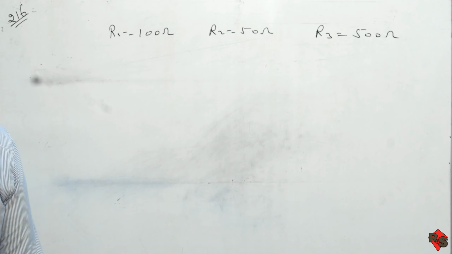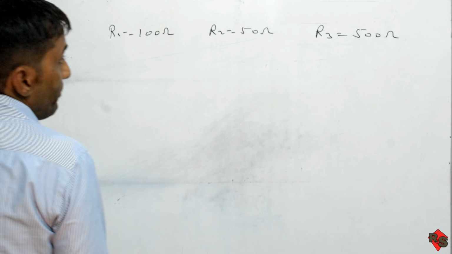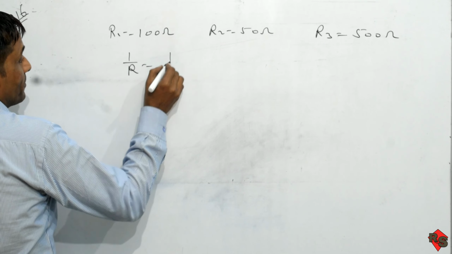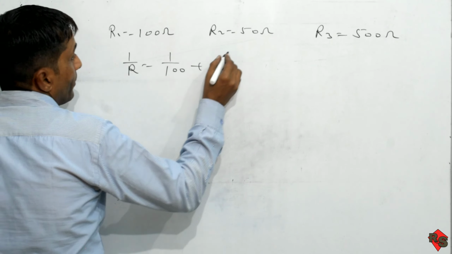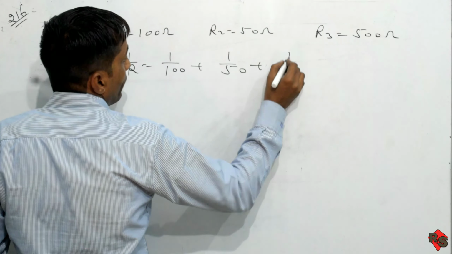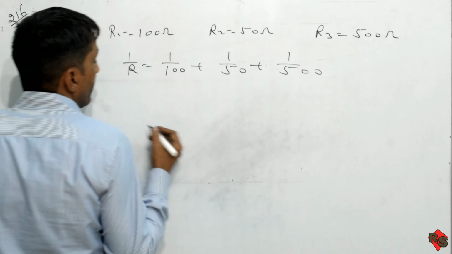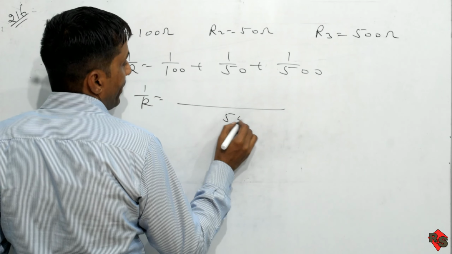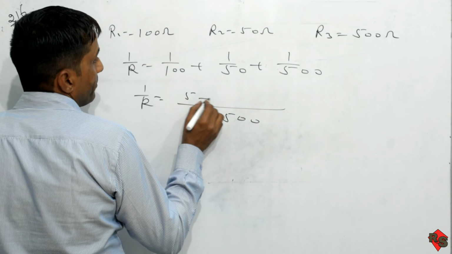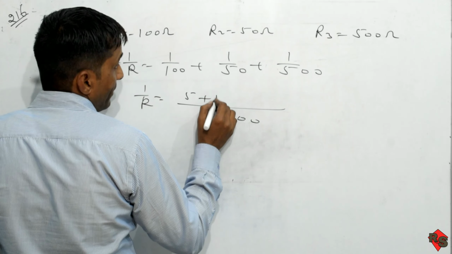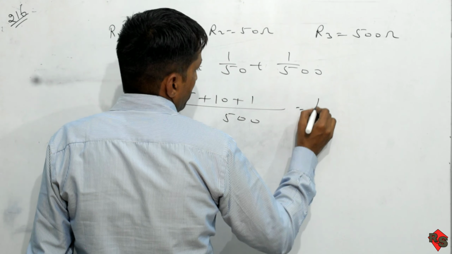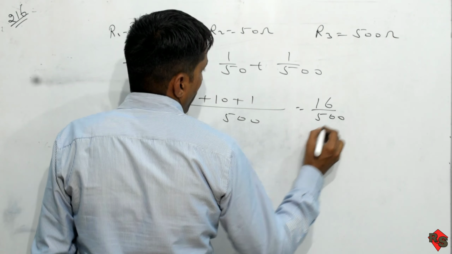And all three are connected in parallel. So for the equivalent, 1 by R equals 1 by 100 plus 1 by 50 plus 1 by 500. So 1 by R is equal to, with LCM 500, 5 plus 10 plus 1, that is 16 upon 500.